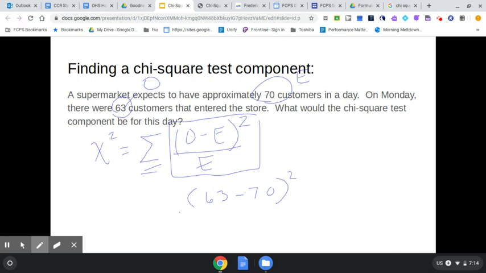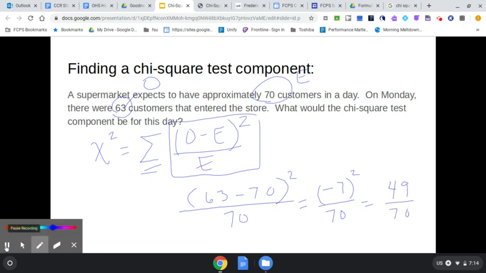We square that difference and divide by the expected value, which again was 70. 63 minus 70 gives me negative 7, squared, over 70. Negative 7 squared is 49, again over 70. If I divide 49 by 70, I get 0.7. So my chi-squared test statistic component for just this one category is 0.7.